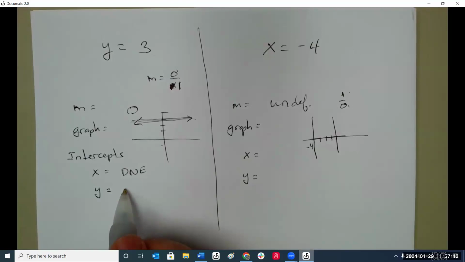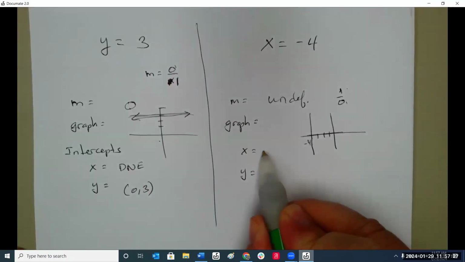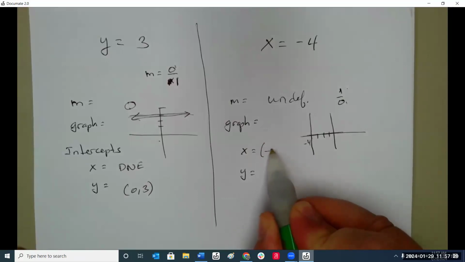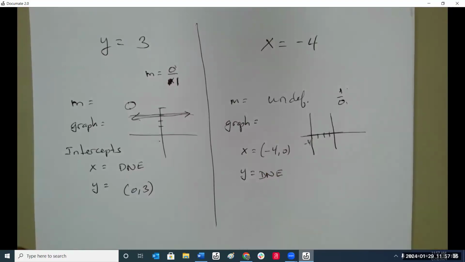Where? 0, 3. It's a location we're looking for. You're right, it was 3, but how about the x-intercept here? Very good. Y-intercept? Good.